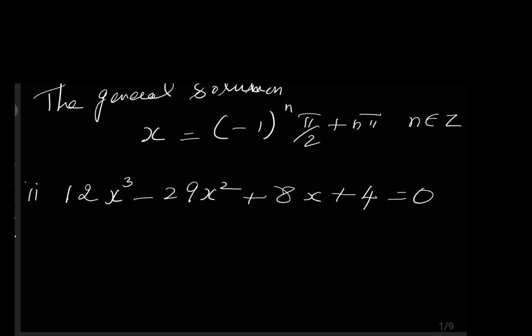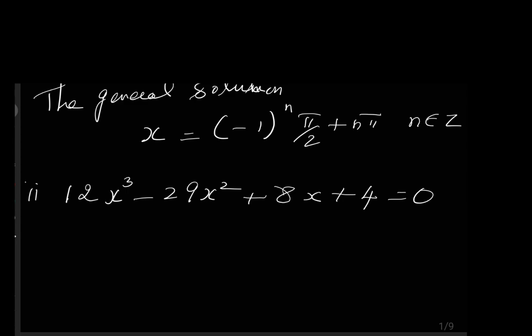Here, whenever we get a cubic equation, we get the first value by substituting a random value. That is either x as 1 or x as minus 1. If these two are not possible, we try for 2. First for 1, let me substitute, that is, I have to add all the coefficients.